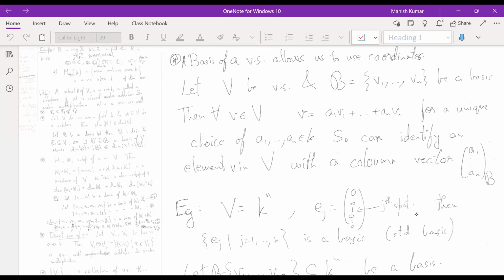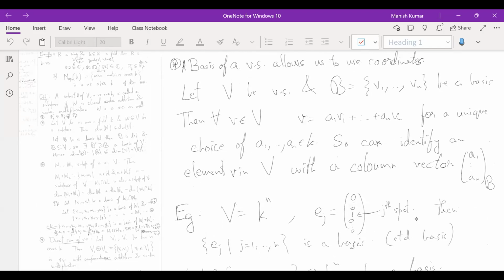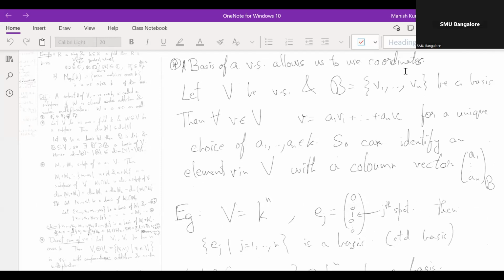So now again, I want to talk more about basis first before I get to linear maps. Basically, a basis helps us think of a vector space in terms of n-tuples and so on. It gives you coordinates on a vector space.